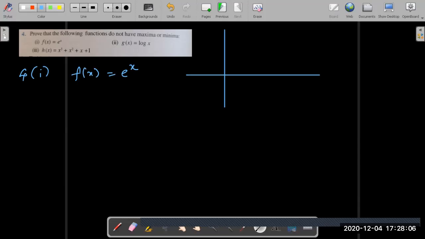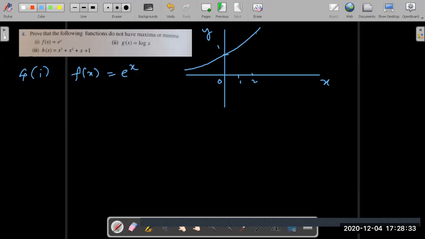When x equals 0, e power 0 is 1. e power 1 is e, about 2.17. e power 2 will be like that. So when you plot it, the function is above the x-axis. It is never below the x-axis.